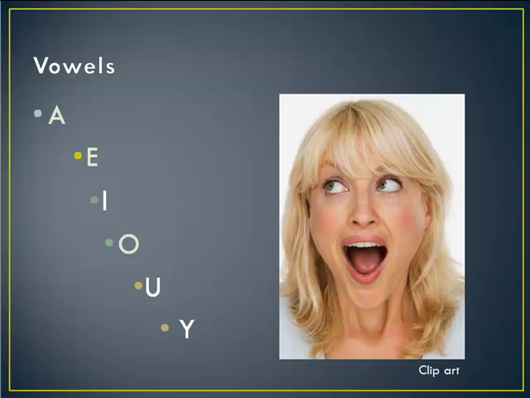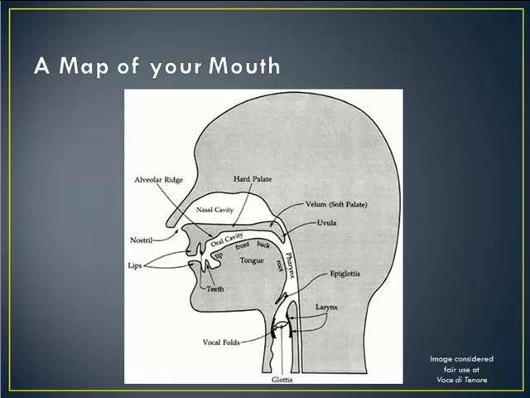It is a consonant, though, in words like yellow and yes, because it blocks air that comes through the mouth. So that's the difference between a consonant, where air is blocked in some way on its trip through the mouth or the nose, and a vowel, where air is not blocked.